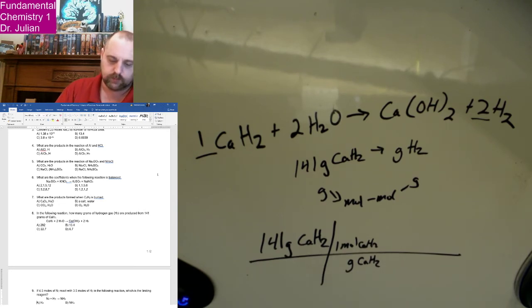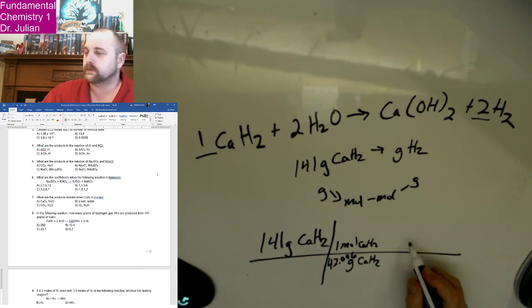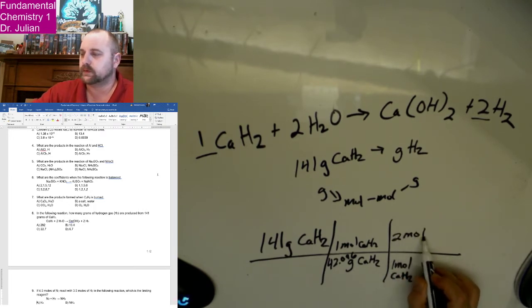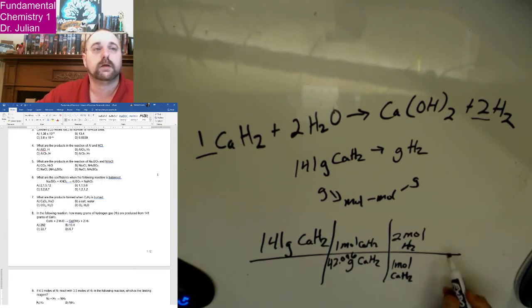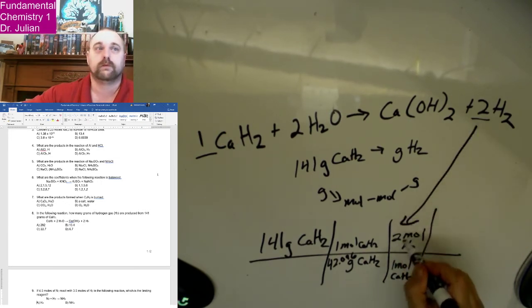So 40.08 plus 2 times 1.008, 42.096. 42.096. All right. And 1 mole CaH2 gives us 2 moles of H2. All right. So just getting this from that too.